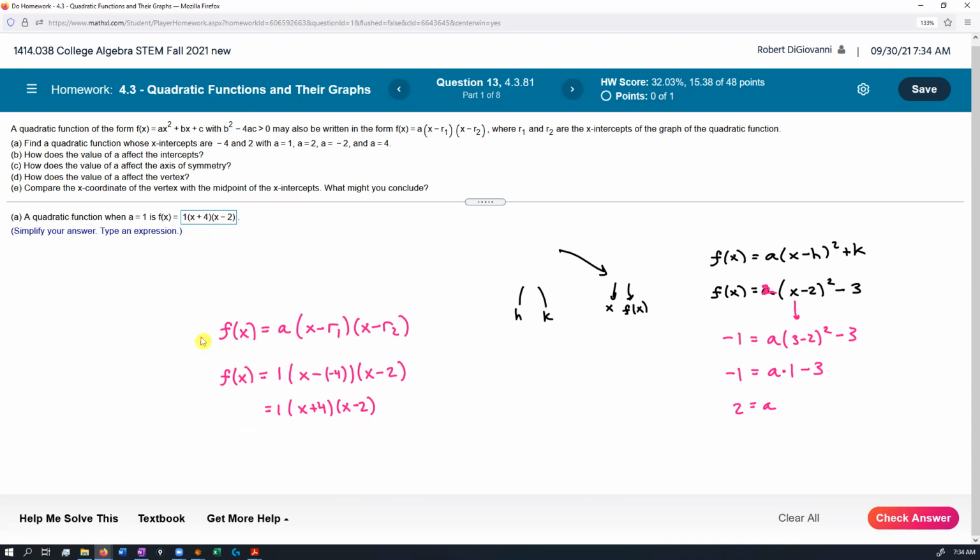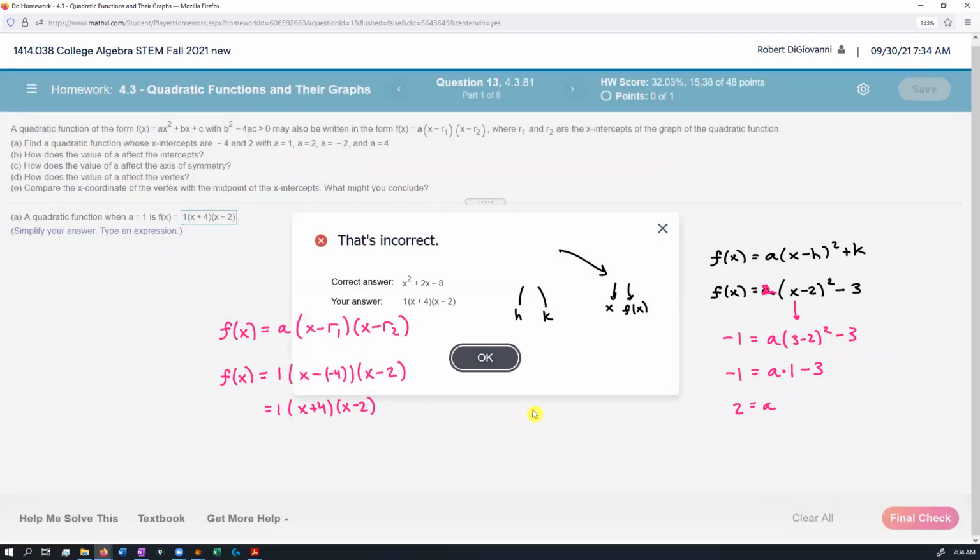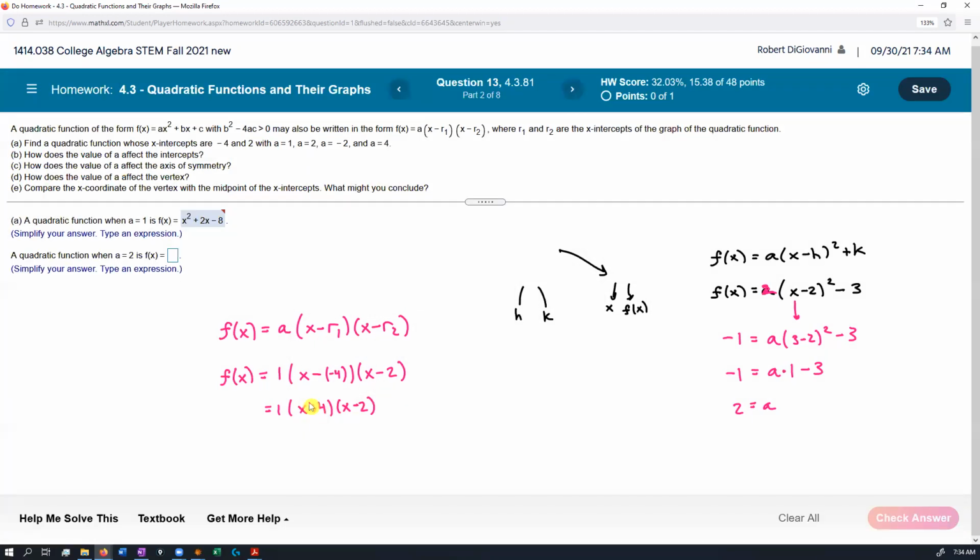Well, it doesn't say standard form. Let's see what it wants. Does it want it in standard form? Yeah, they just wanted us to multiply this out. So they just wanted us to FOIL this, right? It didn't say that though, so I don't understand why that was counted wrong.